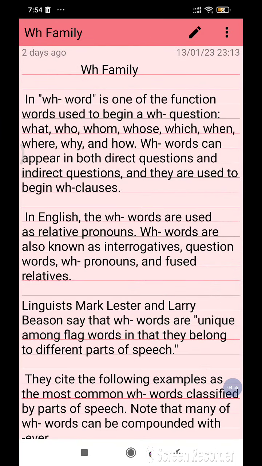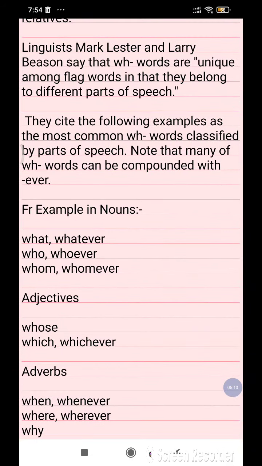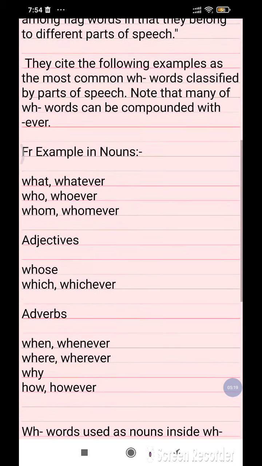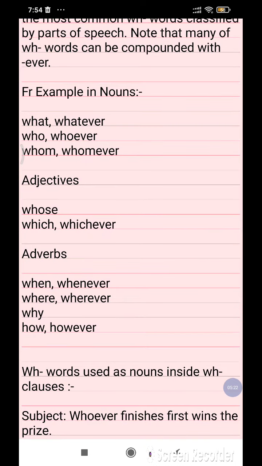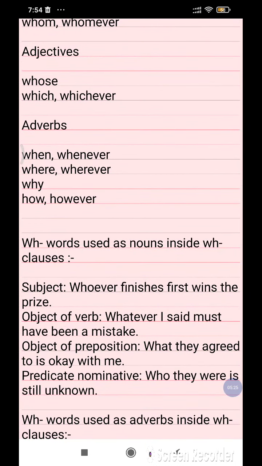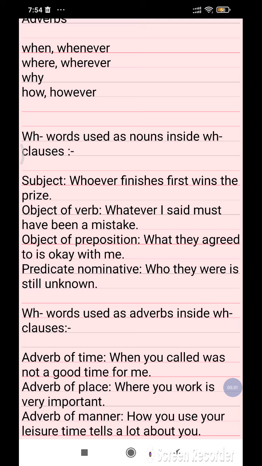So these are the most important WH family words, which are used in very different forms and compounds as I have discussed with you, for example in nouns, adjectives and adverbs, and in the form of nouns inside WH clauses, and WH words in the form of adjectives inside clauses.